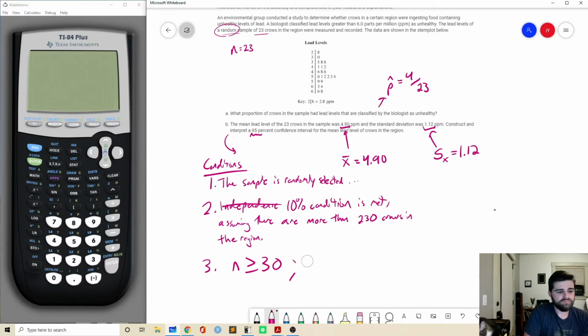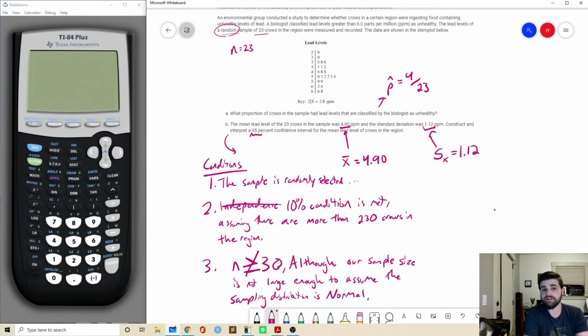So what we're going to do here is we're going to say, although our sample size is not bigger than 30, although our sample size is not large enough to assume the sampling distribution is normal, just actually look at the data.